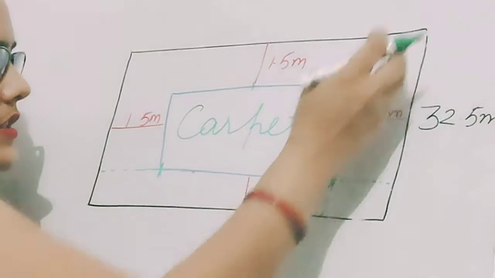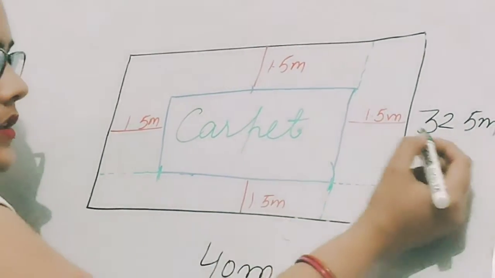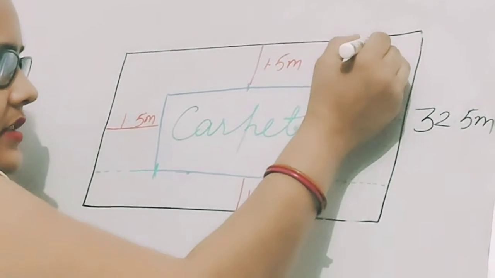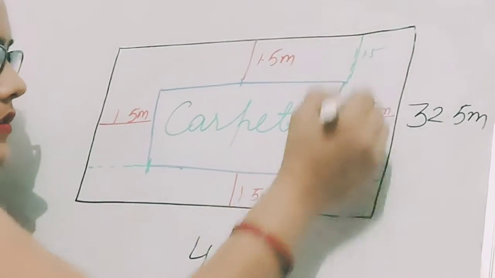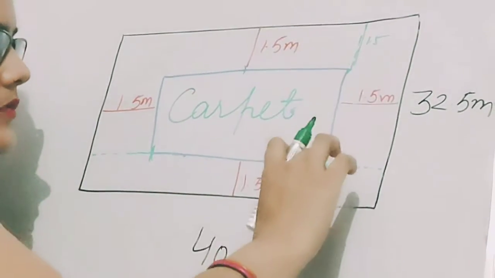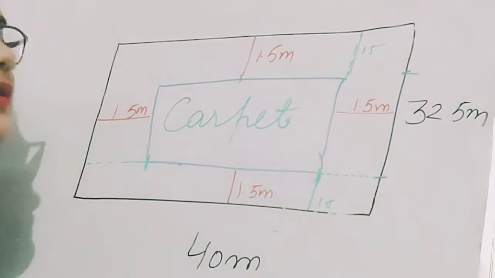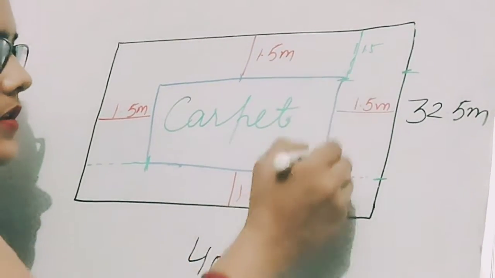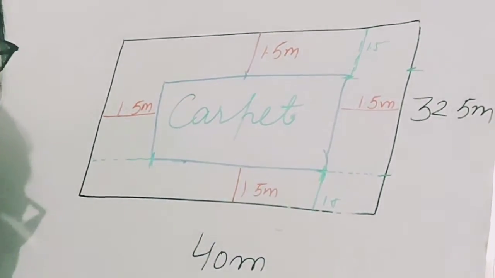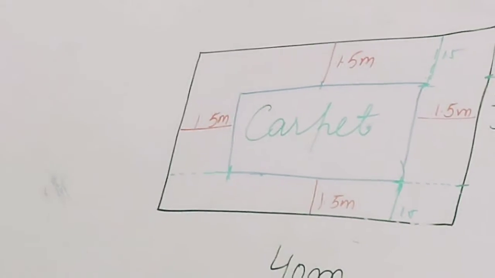Distance from here to here is equal to from here to here. So if we subtract this 1.5 and this 1.5 from this, we will get this distance. So this is the breadth of carpet. So now let us start our question.